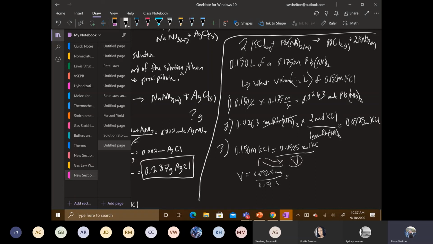When you divide, you divide out the moles, so you're left with 0.350 liters of KCl. Now, in a lab, this would be 350 milliliters of KCl, but the question does not ask for that. The question asks for liters, so this would be our final answer here.